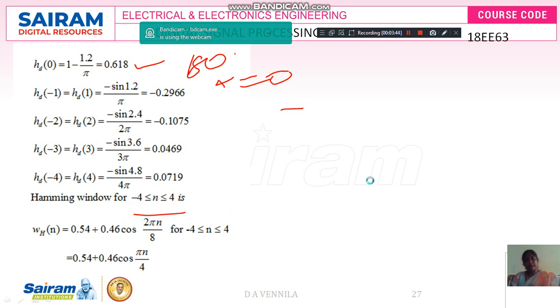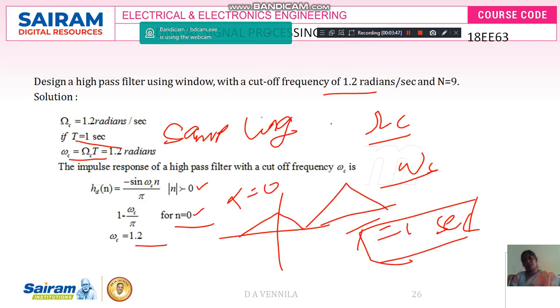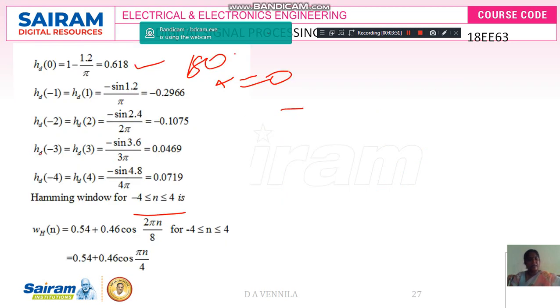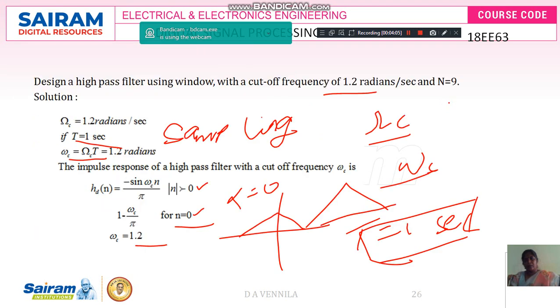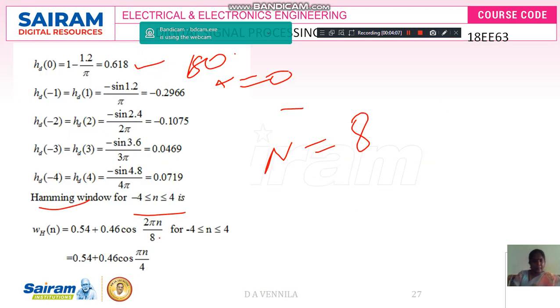Here I'm going to use the Hamming window. The Hamming window we know is 0.54 plus 0.46 cos 2 pi n divided by N minus 1. N is equal to 9 in the question, so N minus 1 is 8.